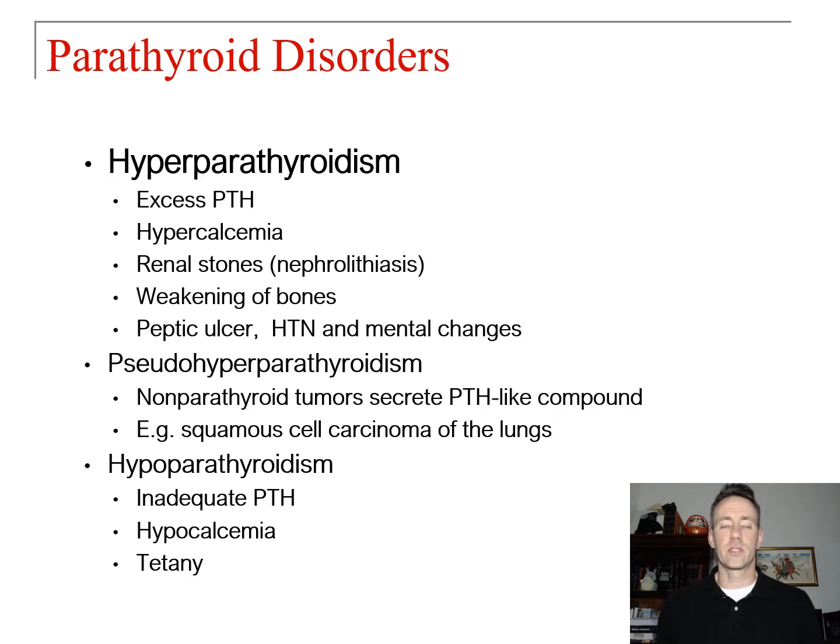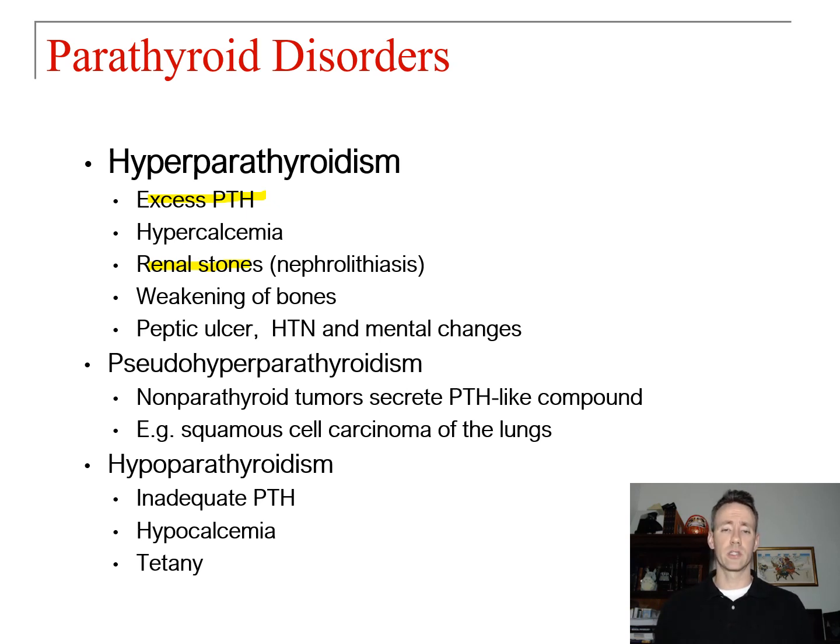Now, if we're talking about parathyroid disorder specifically, in hyperparathyroidism, we have an excess of the parathyroid hormone, which can cause hypercalcemia because it's excessively increasing calcium levels, which could lead to things like renal stones, otherwise known as nephrolithiasis, and weakening of bones in some percentage of patients because we're resorbing so much from the bone itself. It can cause abdominal problems.